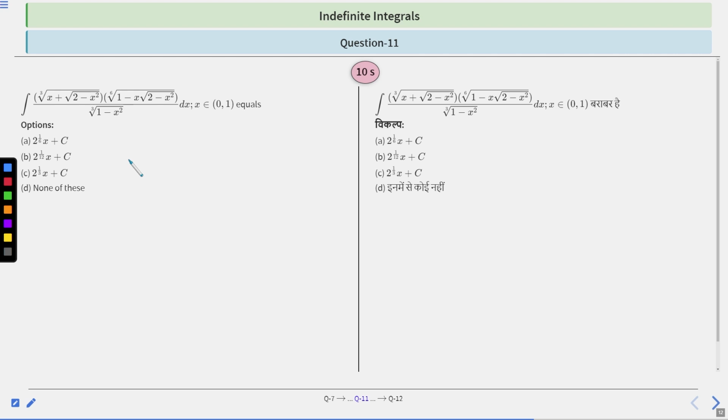Clear? See, whenever you see such a lengthy question, you will try to apply substitution or try to simplify the things so that you can get the simplified equation to do the integration, right? Okay. So you have 10 seconds to solve or think about this question. After 10 seconds, we will discuss this.